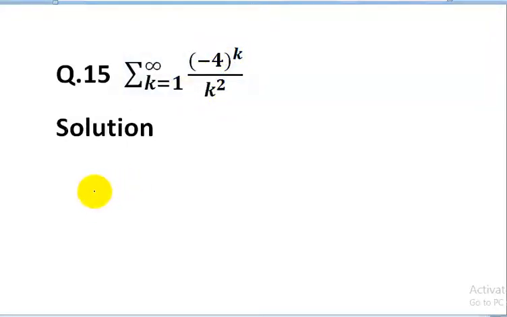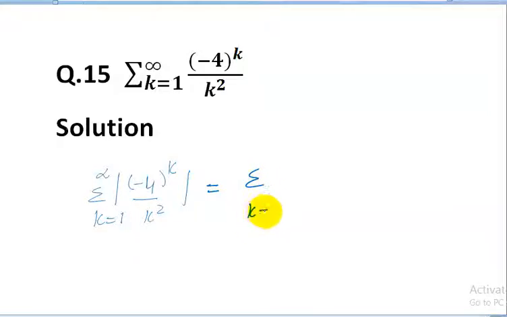First we take absolute values of this series: summation k starting from 1 to infinity of |(-4)^k upon k square| is equal to summation k starting from 1 to infinity of 4^k upon k square.